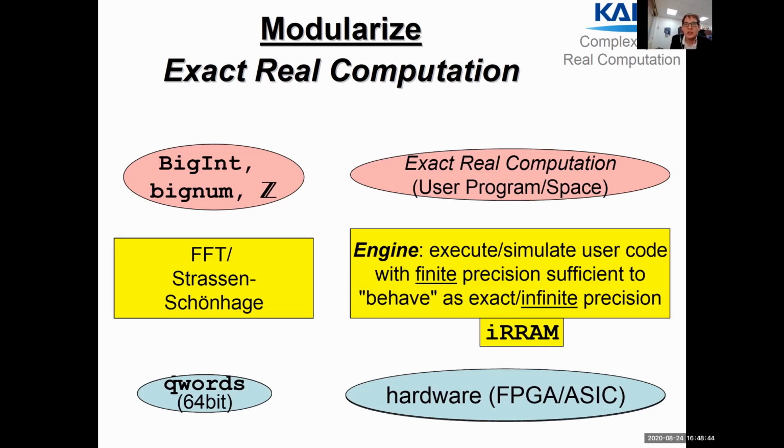And so the suggestion we'd like to make here is to remove the ties between iRRAM and MPFR and to make it modular so that any arbitrary precision library can be used, including MPFR extended with double-double or with hardware, and also to modularize the engine so that the user program can be executed on various possible engines, iRRAM or Core 2 or RealLab. So that's the end of the first part. Thanks for your attention, and now I pass on to Jiman.